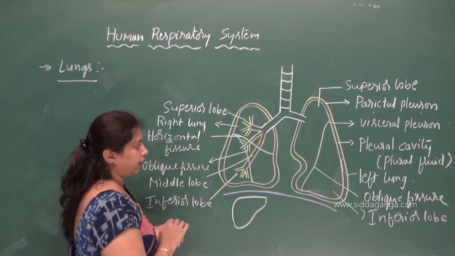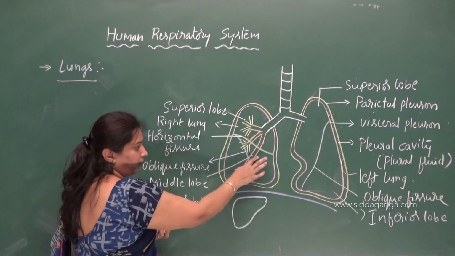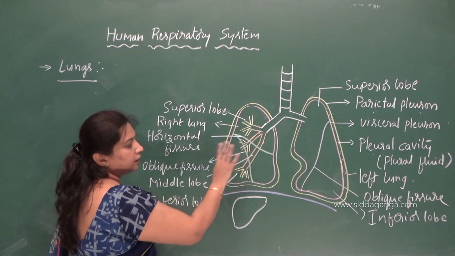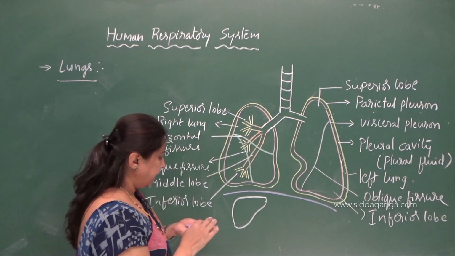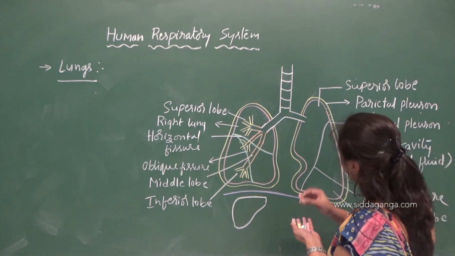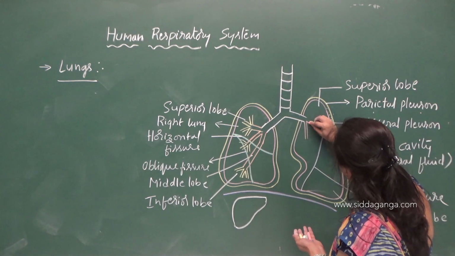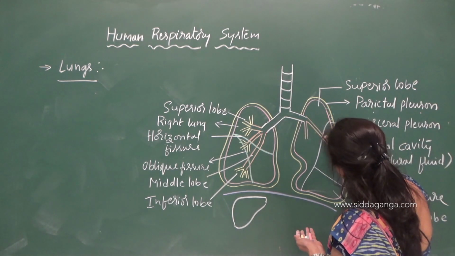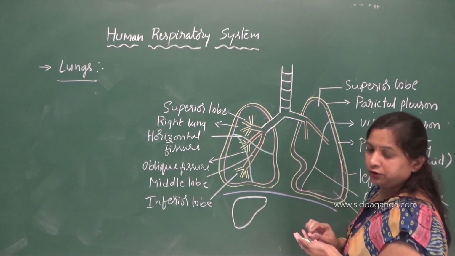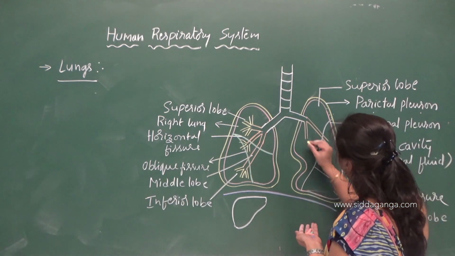Ten tertiary bronchi. How many secondary bronchi in the right lung? Three. And the number of tertiary bronchi? Ten. Then in the left lung, what is the number of secondary bronchi? One going into each lobe, and again these secondary bronchi divide further.